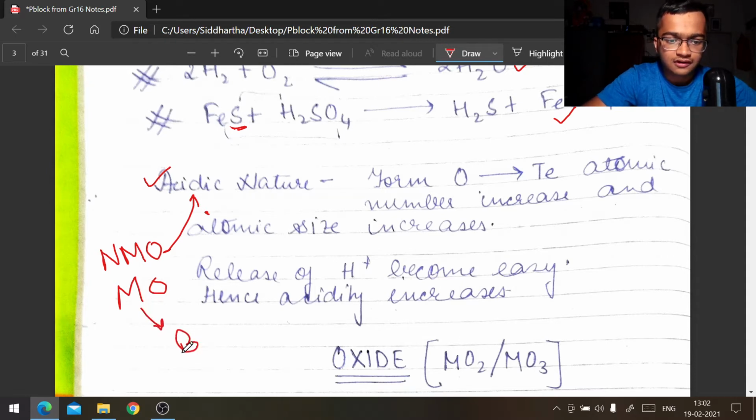I told you to consider the example of NaOH in this case. Na means sodium, which is a metal, but NaOH is a strong base.